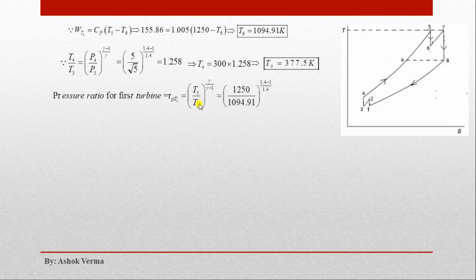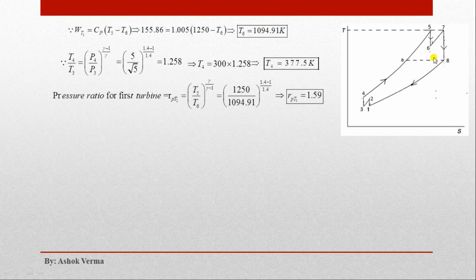After rearrangement, the pressure ratio for turbine 1 will be equal to T5 by T6 to the power gamma upon gamma minus 1. After putting in the values, you will get the pressure ratio for the first stage turbine. So RPT1 will be equal to 1.59.